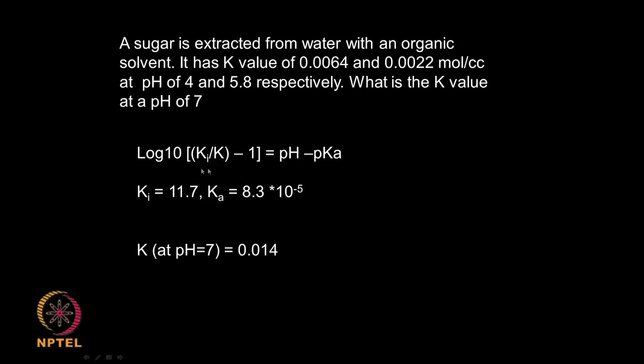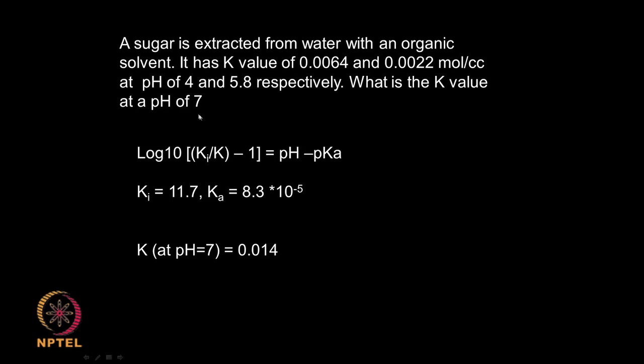So, what do we have to do? We have to take log10 of (Ki by K minus 1) equal to pH minus pKa. At pH equal to 4, I know the K value, and at pH equal to 5.8, I know the K value. I need to know what is the K at pH equal to 7. So, using these two data, I can calculate both the Ka and Ki.